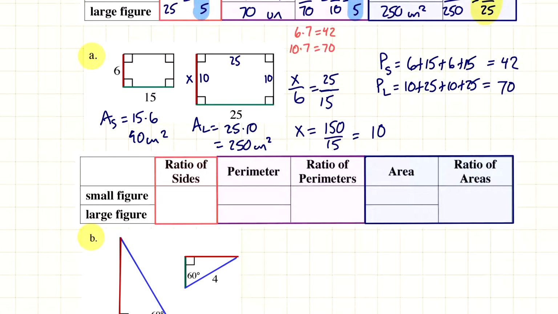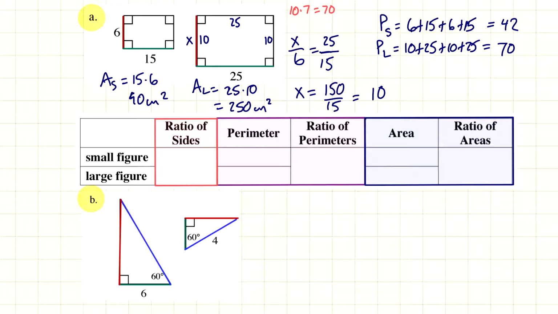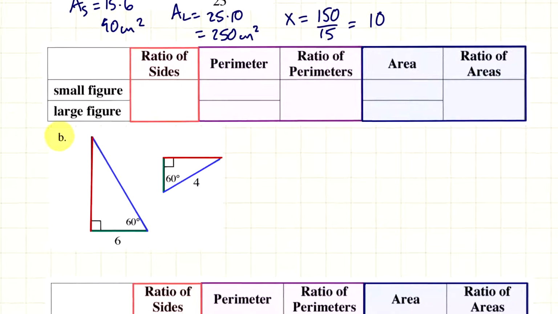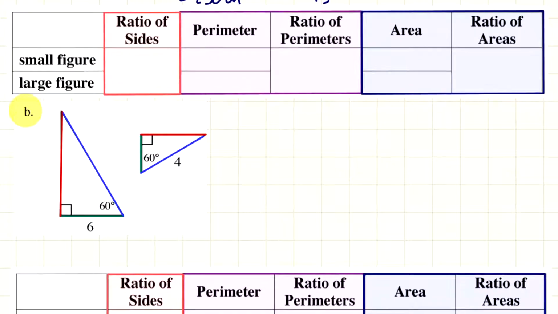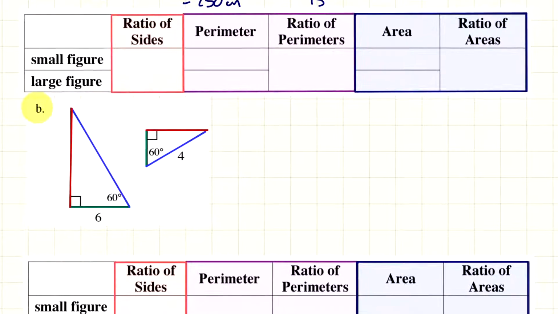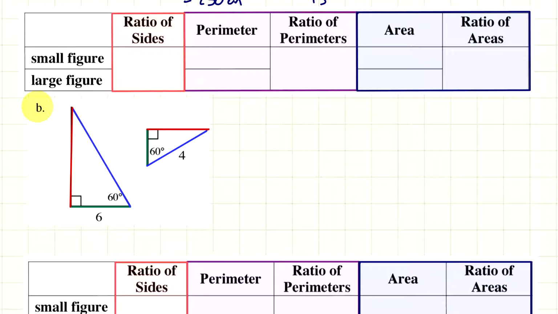All right, so let's do B. Same idea. We're just looking to work with a new shape. So this is a right triangle. Hopefully you notice it's a 30, 60, 90 triangle.